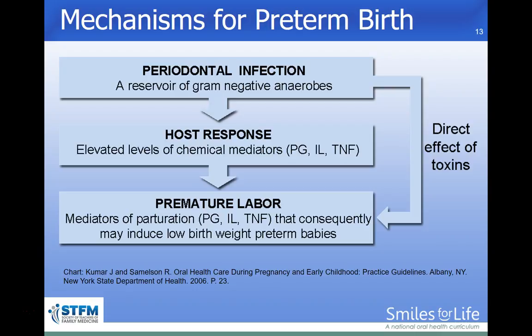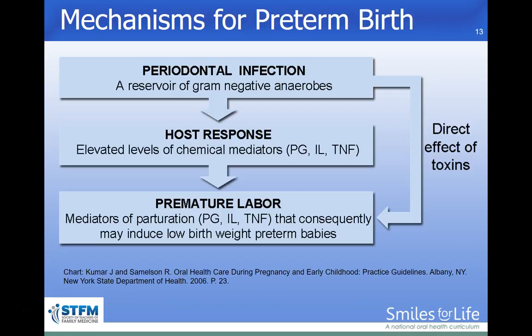There are several potential explanations for this association. Periodontal disease may have direct effects on the uterus through bacteremia, causing direct inflammation of the chorioamnion. However, it is more likely that an indirect mechanism is mediated by a systemic inflammatory response.